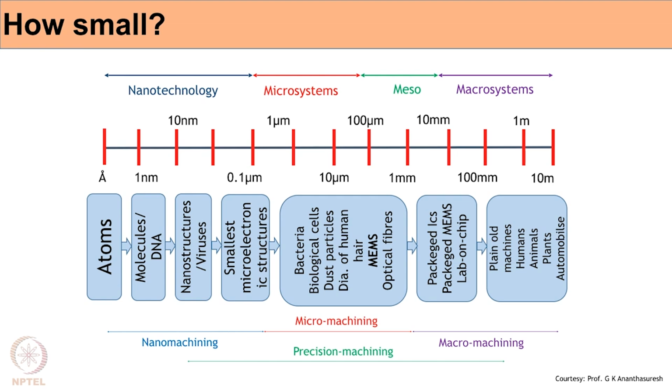Then the smallest microelectronic structure is about 1 micron or a little less. Then you have bacteria, biological cells, and MEMS devices, all in that microscale, right? One human hair's diameter is about 100 microns or a little more. So MEMS devices operate in this range.